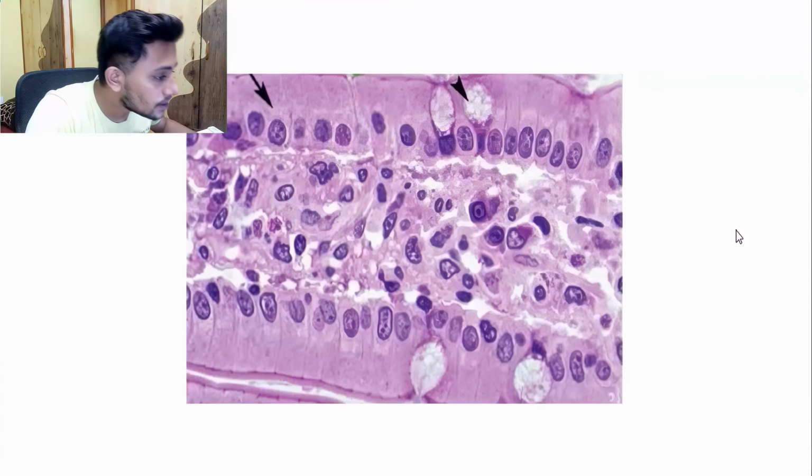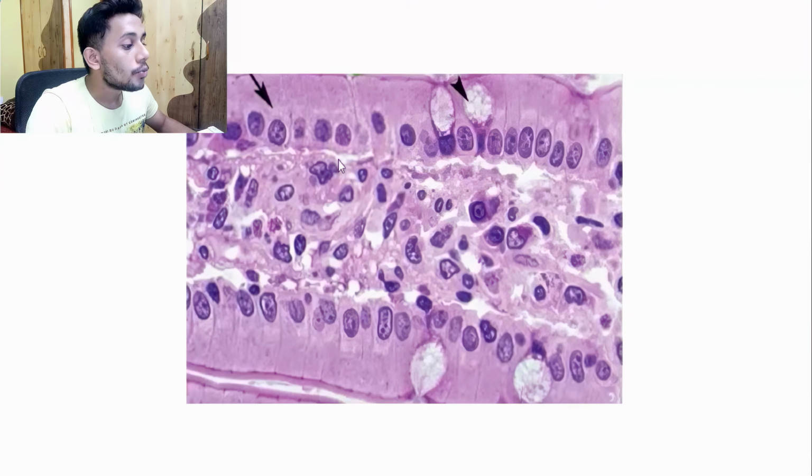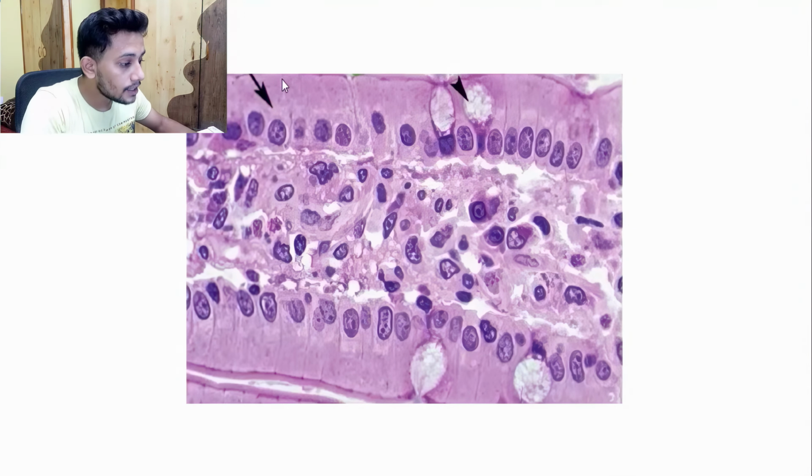Let's discuss this. As you can see, the white part here is the lumen, and right here you see the nucleus and this is the cytoplasm. This is the epithelium cell. As you can see, it's not just cut off from here. So the width and the height are not the same.